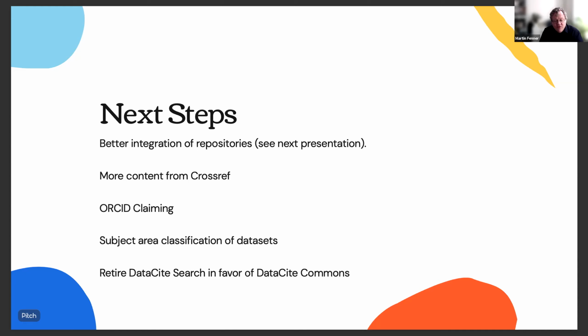We have started working on ORCID claiming. So what is ORCID calling it? Search and link. You find something in DataCite Commons, and you can push it into your ORCID record. We have started working on subject area classification of datasets. This is something that's very dear to our hearts because it's really important for bibliometrics.